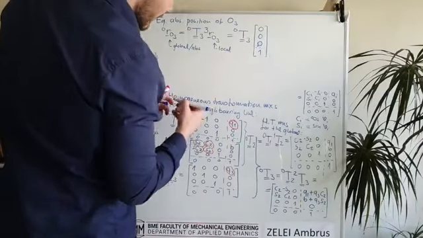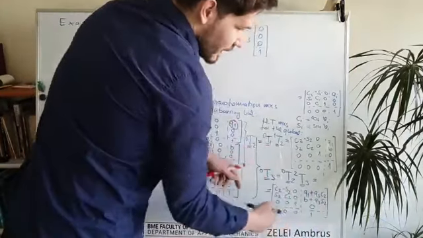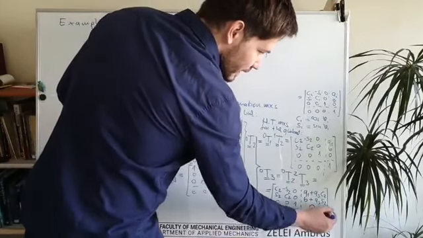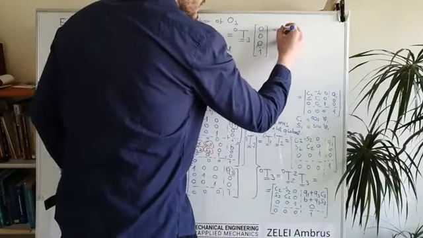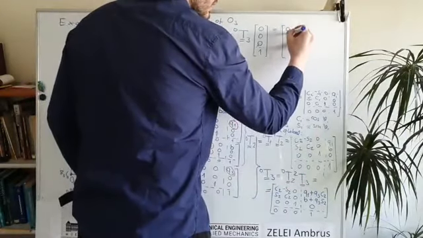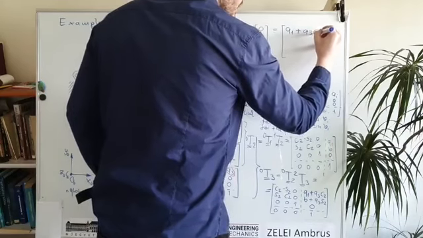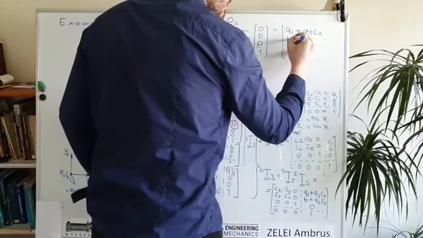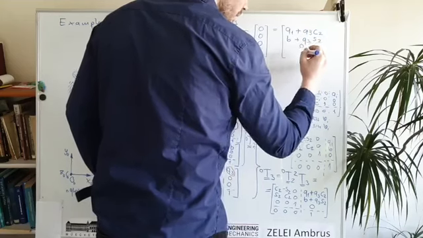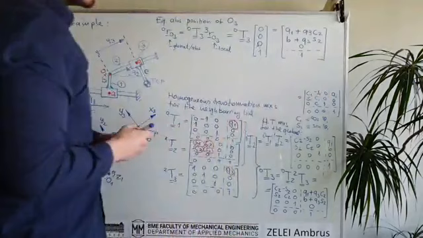And if you just multiply this vector with this matrix, then finally we will obtain this vector. So the position vector of point 03 is really this one: q1 plus q3 times cosine q2, b plus q3 times sine q2, 0. And this is a homogeneous vector, so there is 1 at the end.